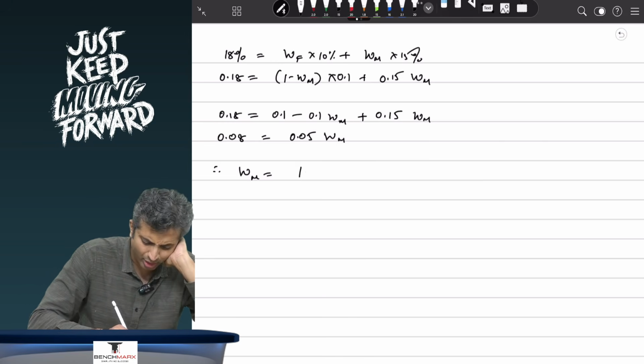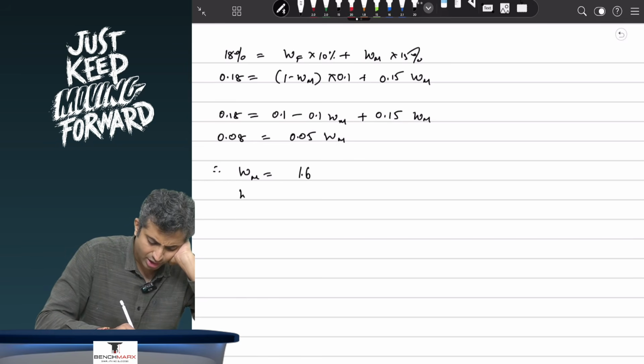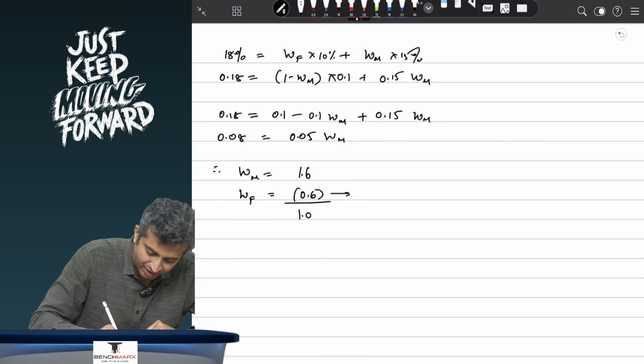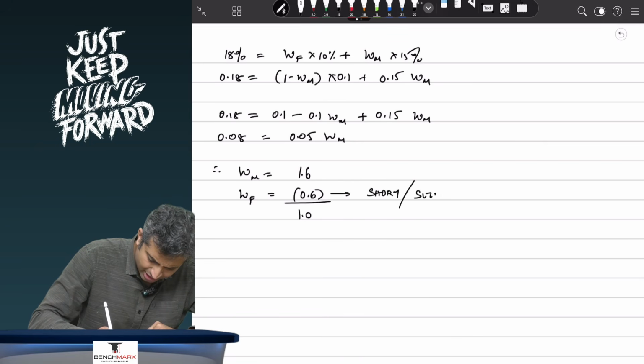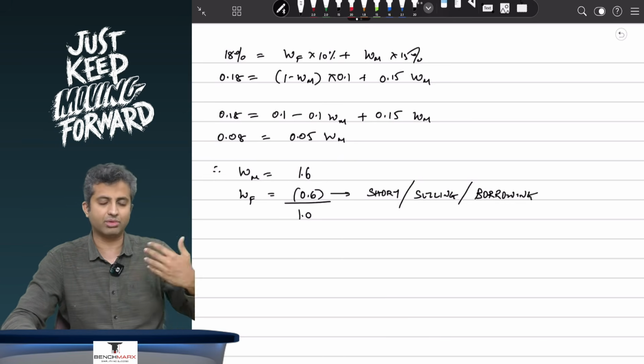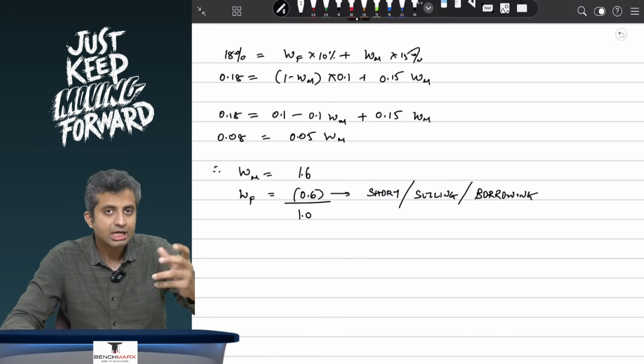This is 1.6. But total of weights has to be equal to 1. Okay, so this means this is minus 0.6. I don't know if you remember or not, but when the weight turns negative, it means that you are shorting. That is, you are selling these risk-free securities. So forget investing, you are in a way borrowing at the risk-free rate. When I sell bonds, I actually borrow. When a company issues or sells bonds, they're in a way borrowing.